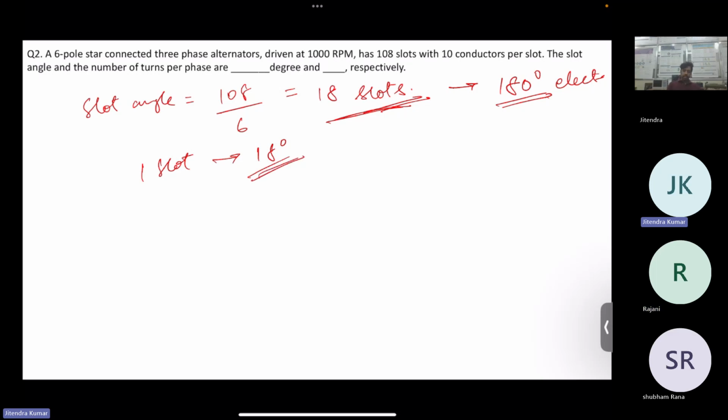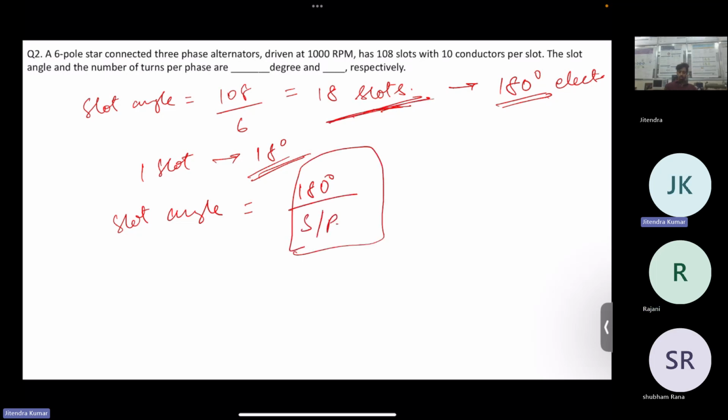It has a standard equation also: slot angle equals 180 degrees divided by slots per pole. Either you can remember this or derive it yourself. Is one slot equal to 18 degrees or 10 degrees, sir? Yeah, 10 degrees. Sorry, I was wrong there. 10 degrees. Right.